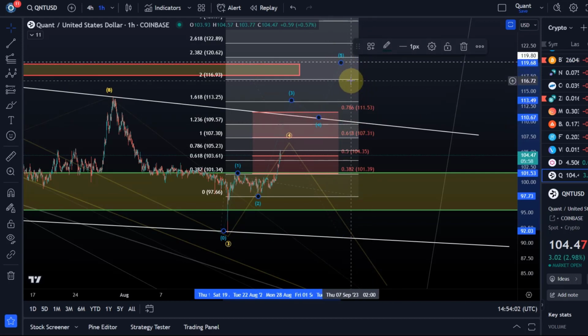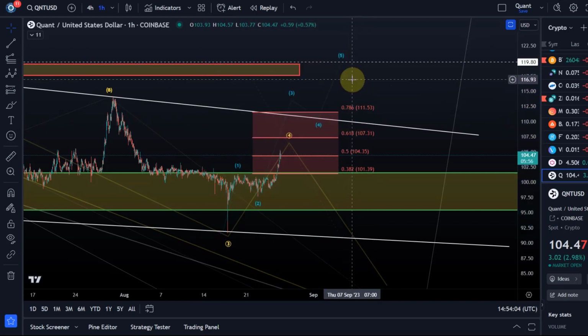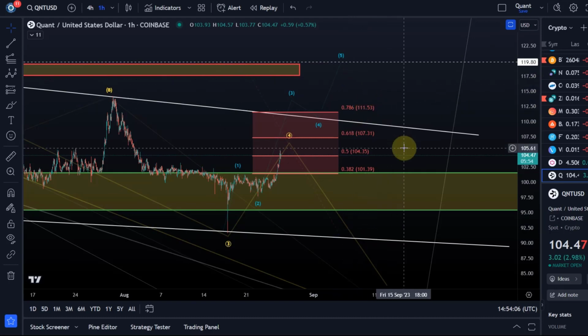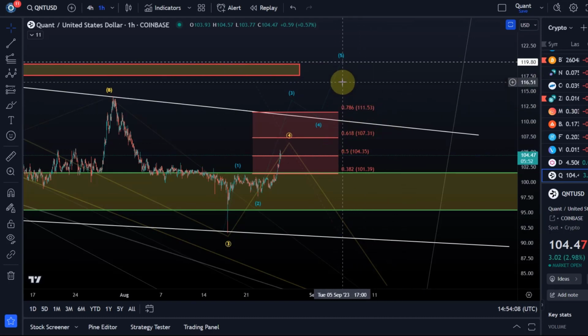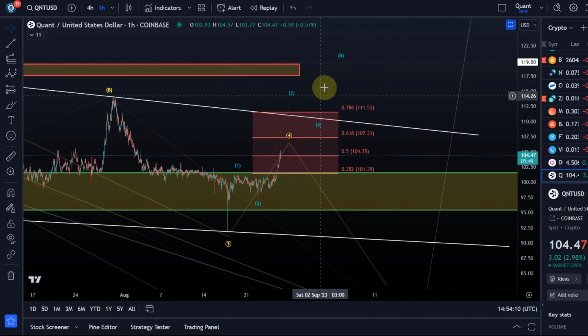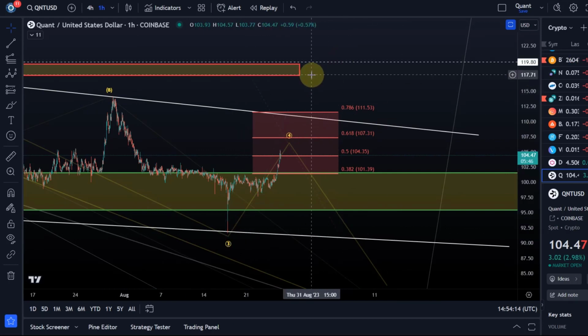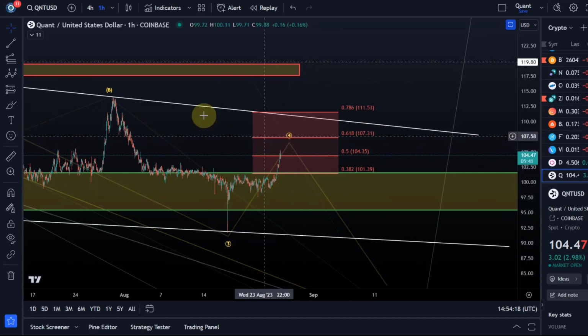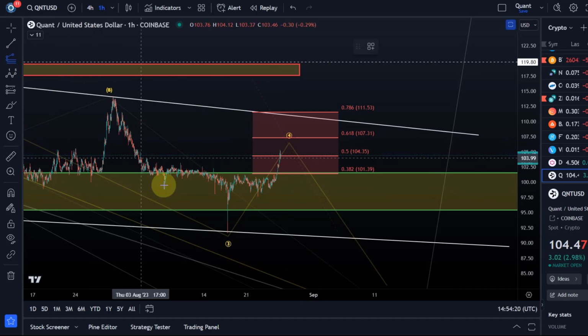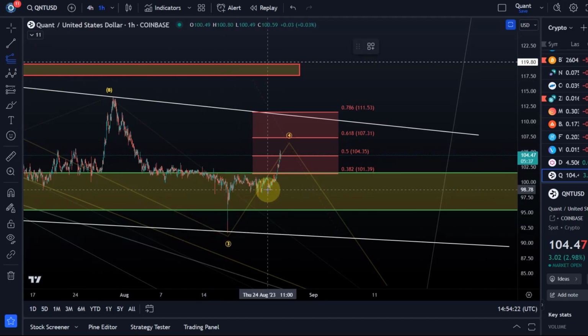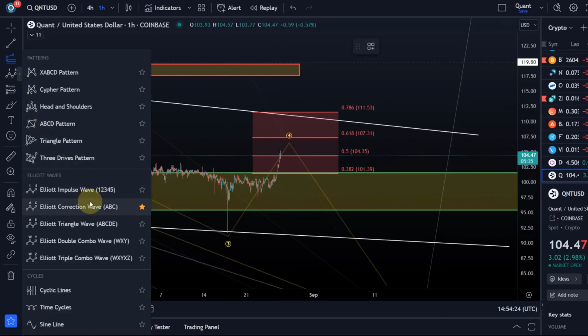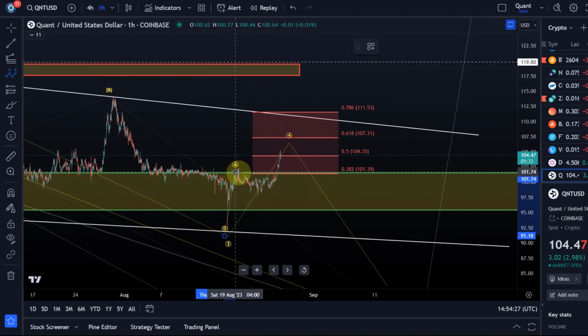After that, if we have 5 waves, I will give you a support area for a 3-wave pullback in an ABC correction, basically the first correction after a 5-wave rally that might have started a new uptrend. But at the moment, it's only an ABC structure, so not very exciting at this stage. This would be an ABC. That's how I would see it on the smaller time frame.